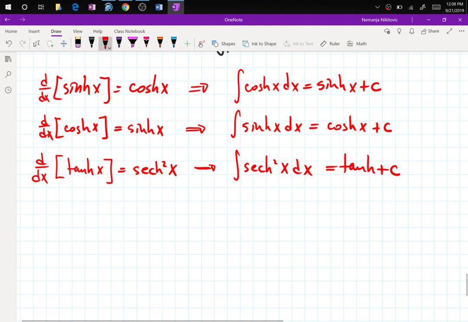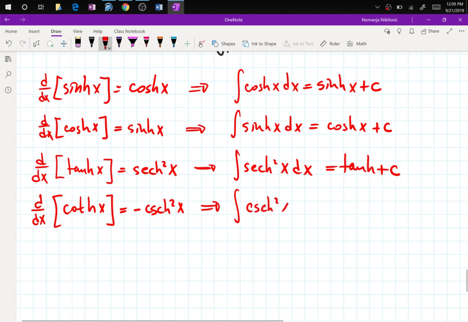Now we have the derivative of cotangent hyperbolic x, which gives us negative cosecant hyperbolic squared x, and that will also spawn the negative on the integral side. So the integral of cosecant hyperbolic squared x dx is negative cotangent hyperbolic x plus c.